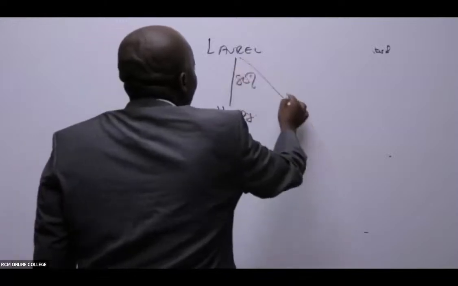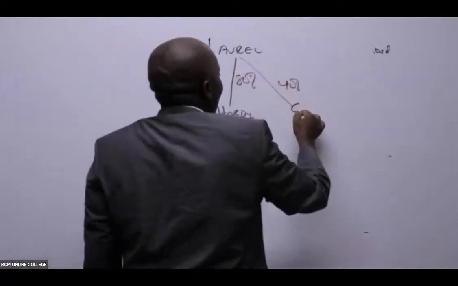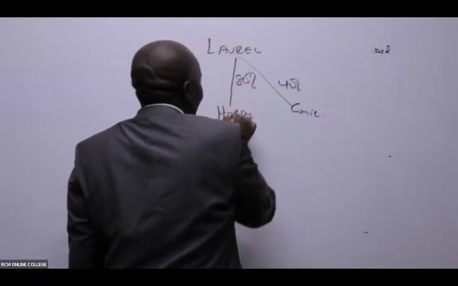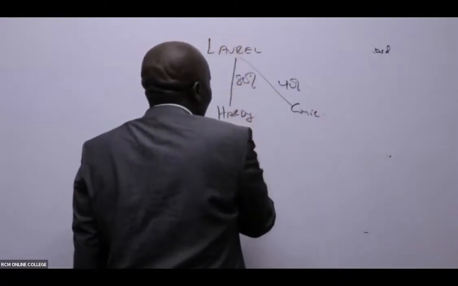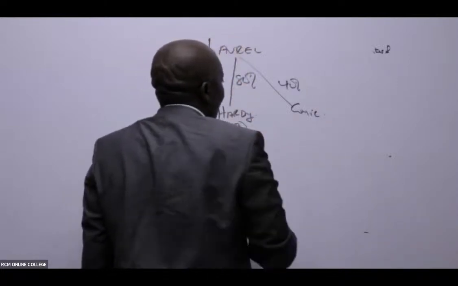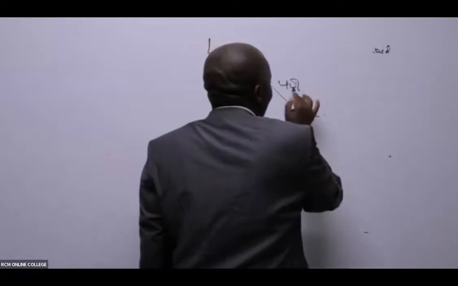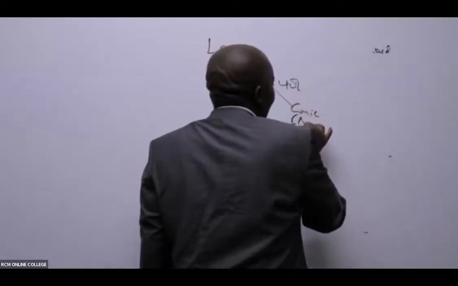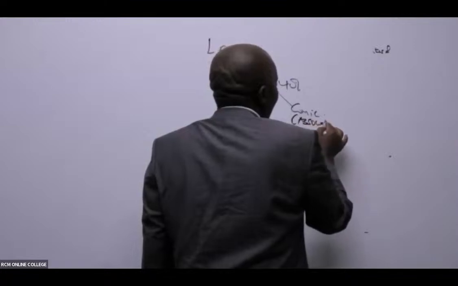And then they bought 40% of Comic. So this 80% is controlling, it's more than 50%. So this is a subsidiary, and your 40% is in between that 20% to 49.999. So this becomes an associate.